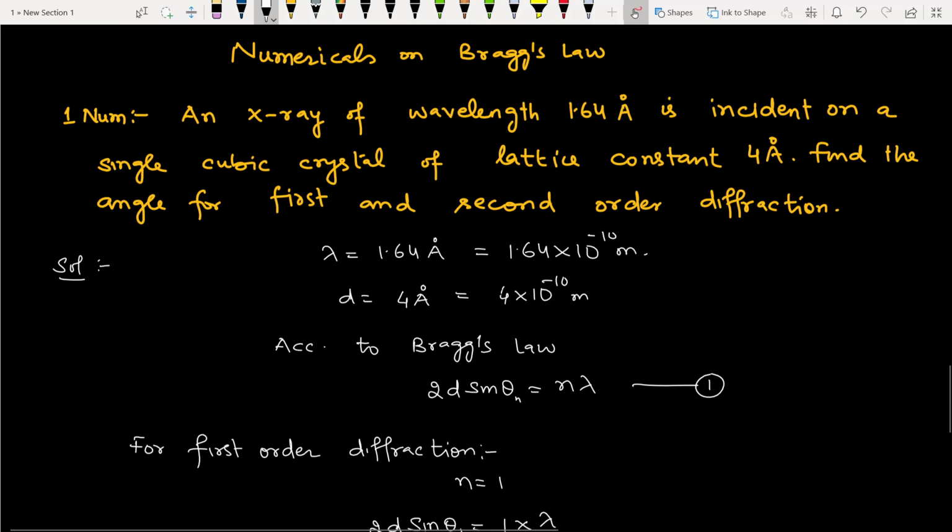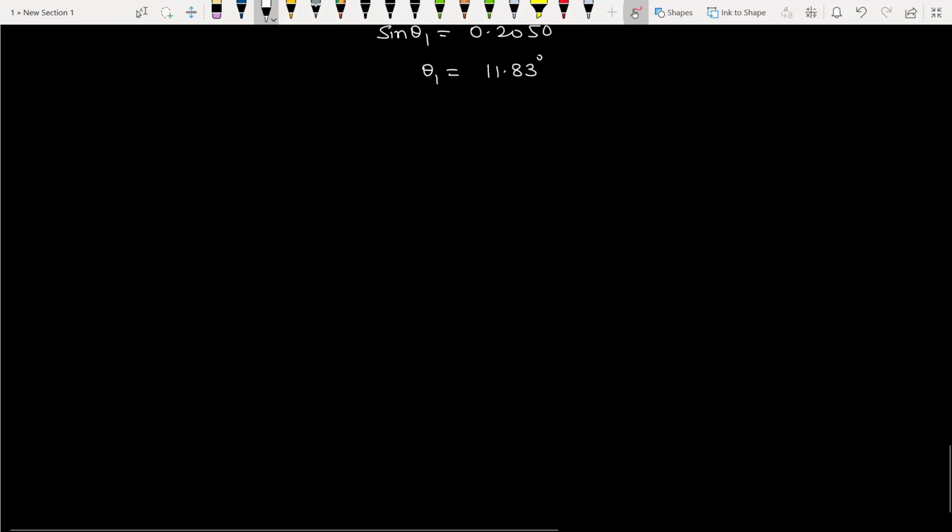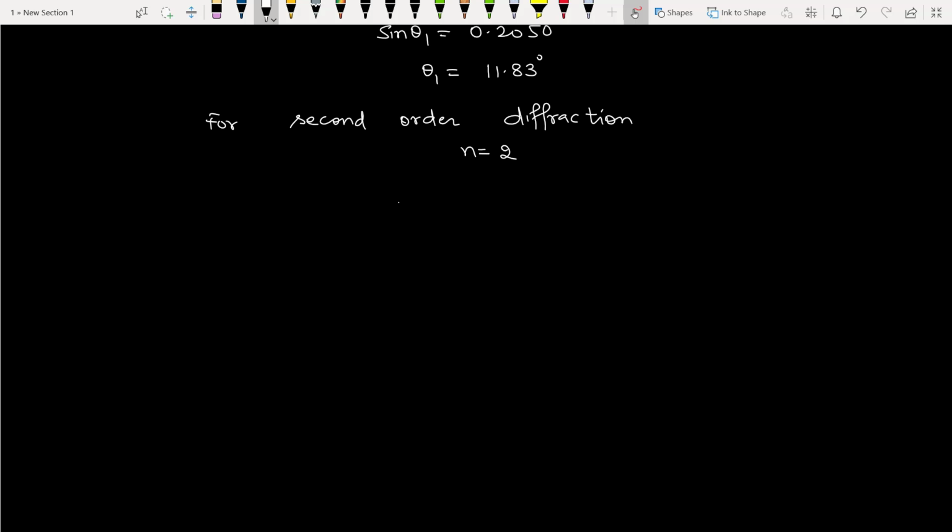Now as we are to also find the angle of diffraction for second order diffraction, n is equal to 2, so we will be having 2d sine theta 2 equal to 2 lambda.